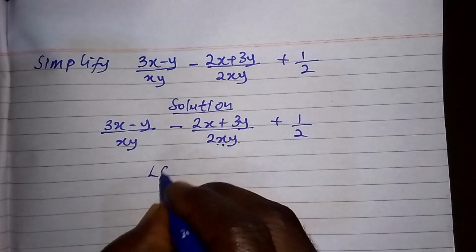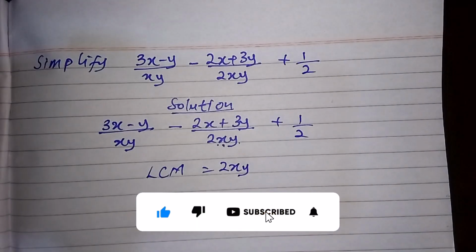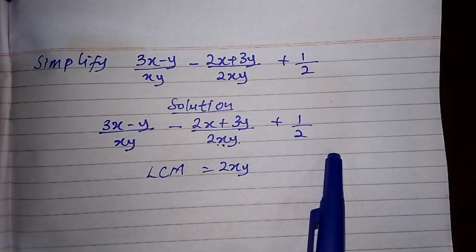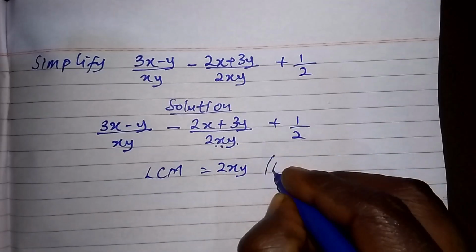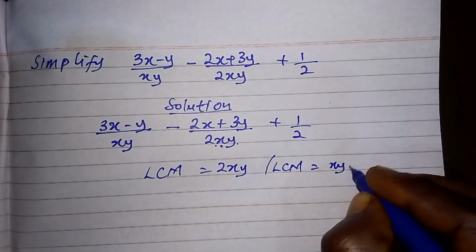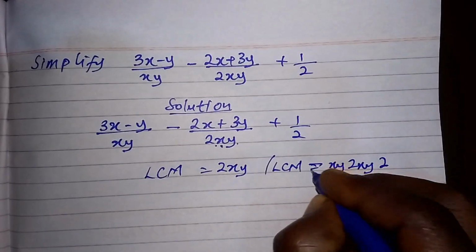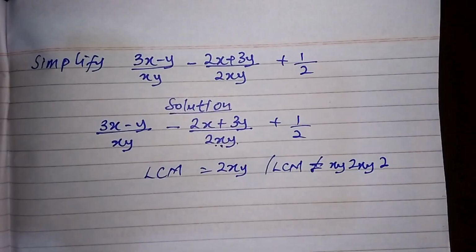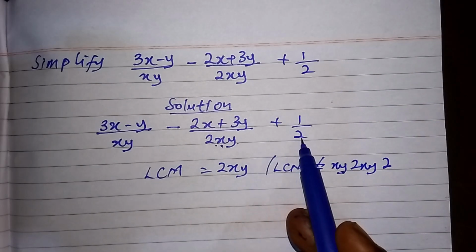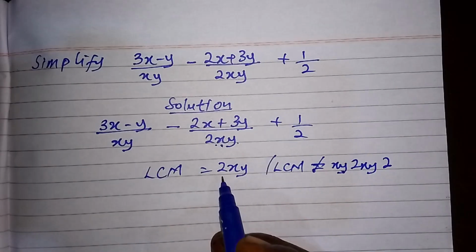We cannot say that the LCM is xy times 2xy times 2. This is not correct because xy is already a factor of 2xy and 2 is a factor of 2xy. So the LCM happens to be 2xy.